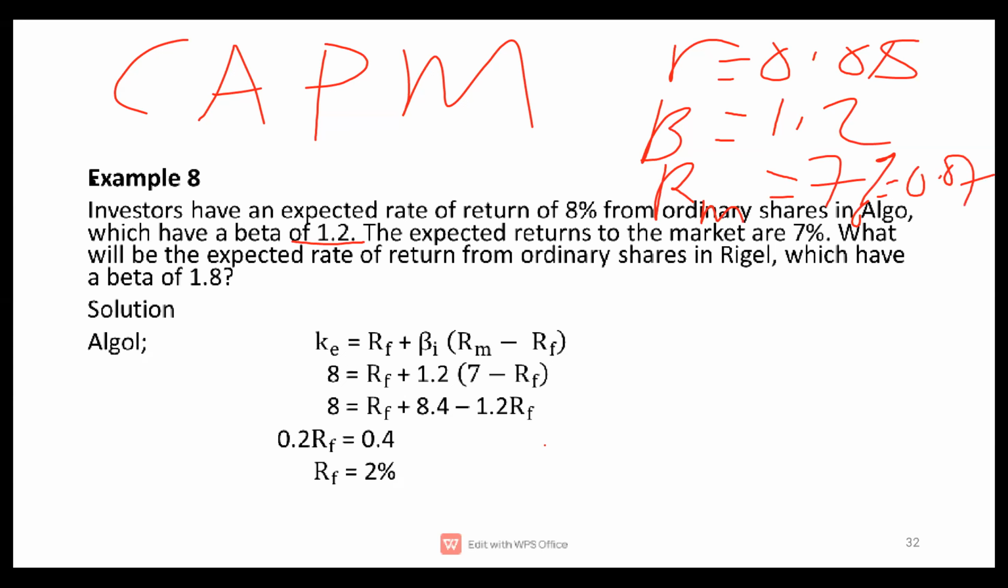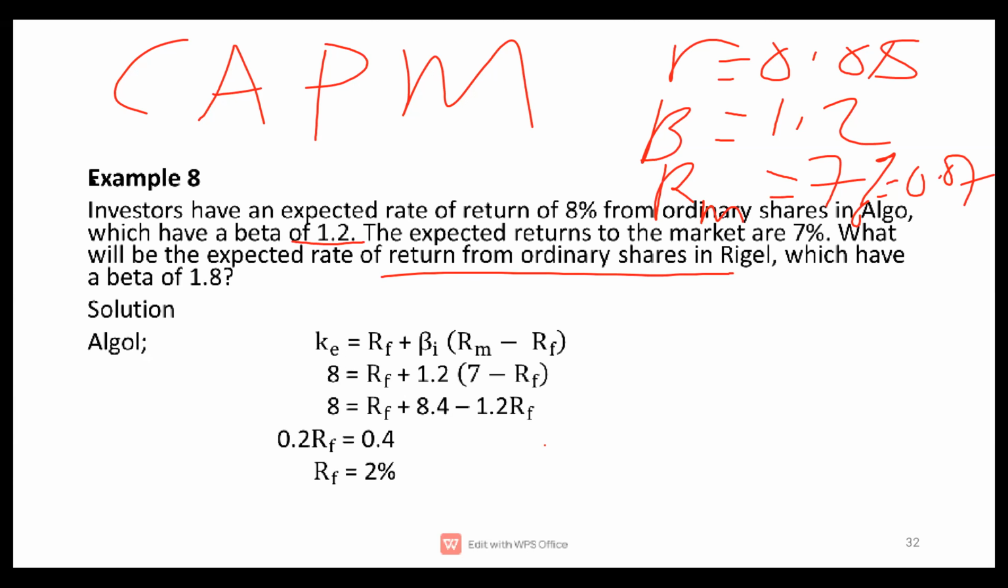So the question is, what is the expected rate of return from ordinary shares? The expected rate of return from ordinary shares is called the cost of equity. What is the expected rate of return, or the cost of equity, for the company which has a beta of 1.8?